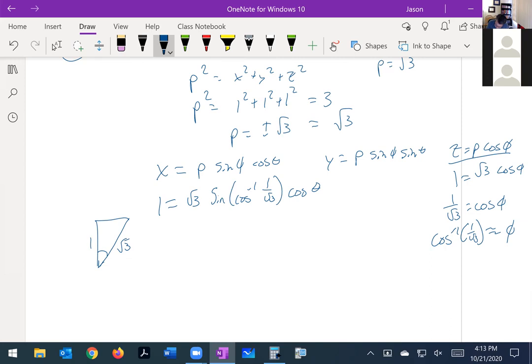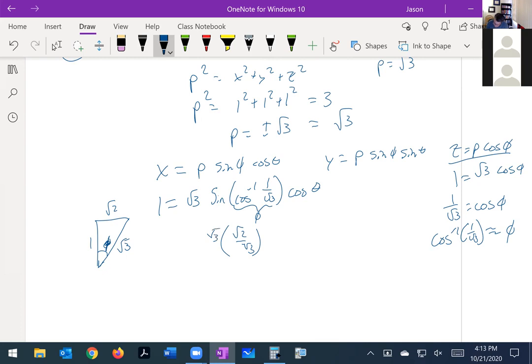The sine would be radical 2 over radical 3. This is phi, just an angle phi.